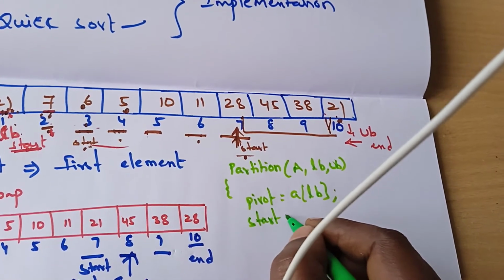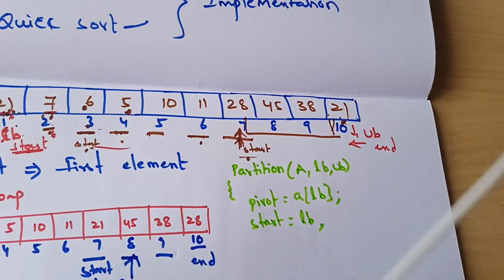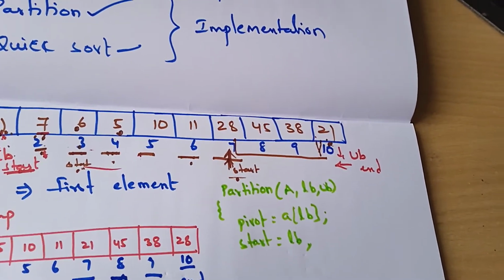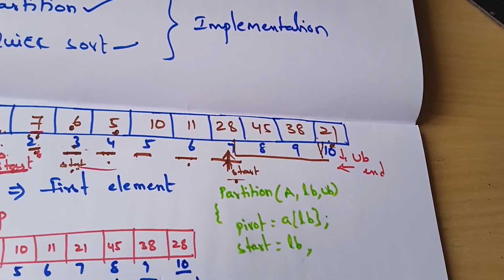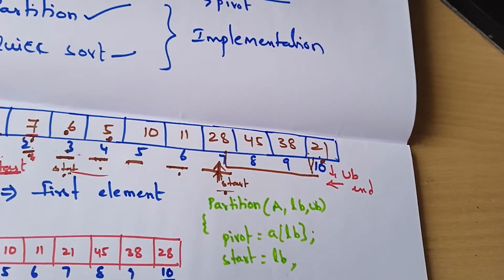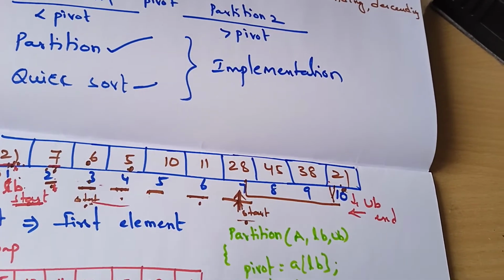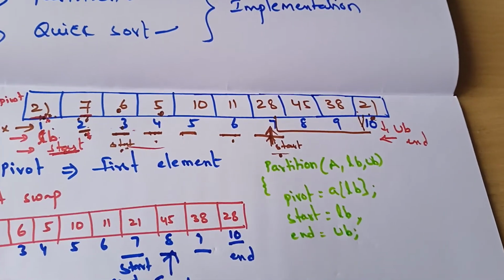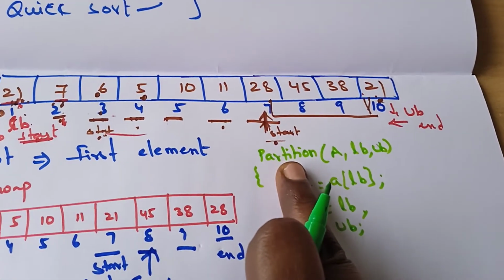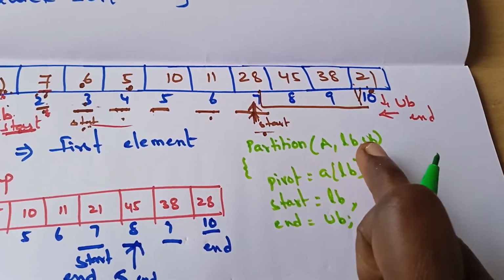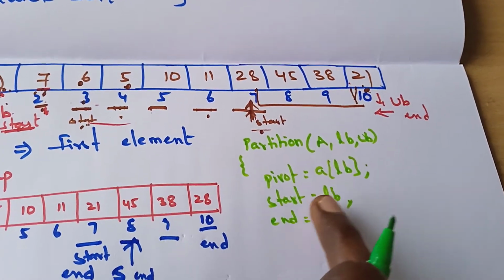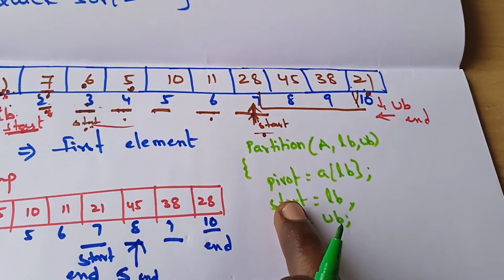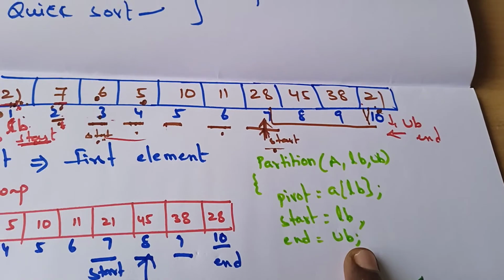Now start is equal to lower bound. Now end is equal to upper bound. Fine. I'm doing partition on an array of elements. Now lower bound, upper bound. My pivot element is my first element, which is at the lower bound. Now my start is the lower bound, end is the upper bound.